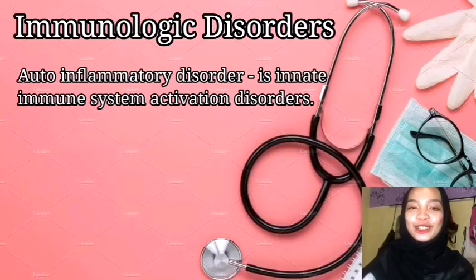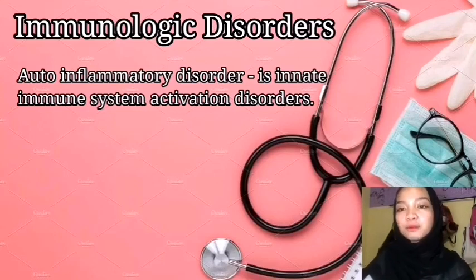So, for the autoinflammatory disorder is innate immune system activation disorders. Individuals with autoinflammatory disorders classically have recurrent episodes of inflammations that occur in the absence of high-titer autoantibodies and autoreactive T cells, making them distinct from autoimmune disorders.